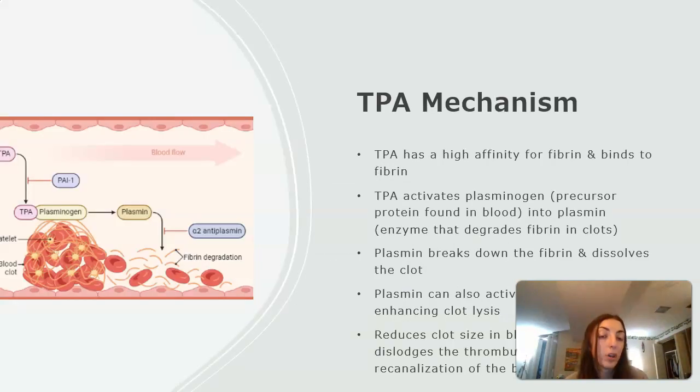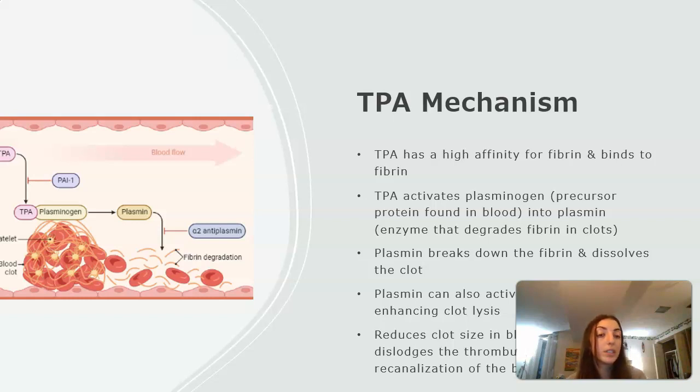Now, the way that TPA works as medicine, it's because it has a high affinity for fibrin, making it able to bind to it. So TPA activates plasminogen, which is the precursor protein found in blood, and it converts that into plasmin, which is the enzyme that degrades fibrin in the blood clots.